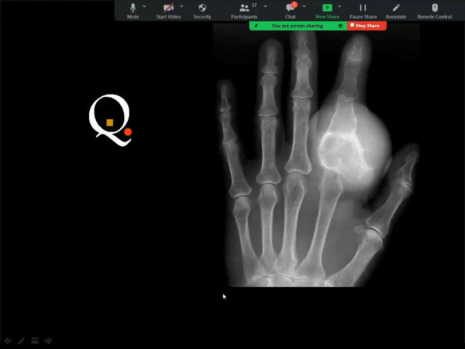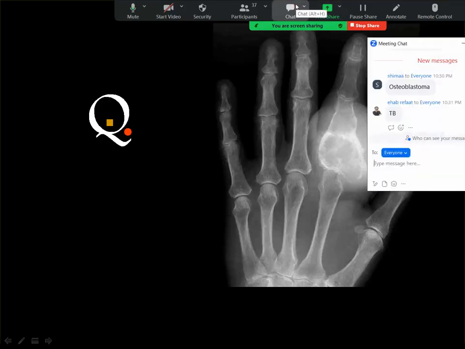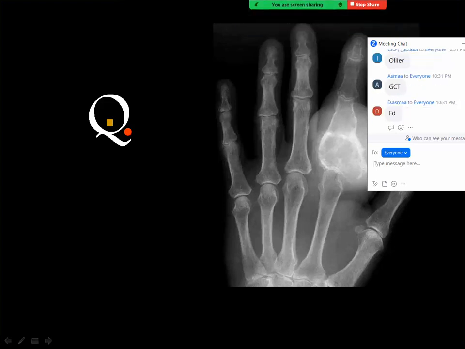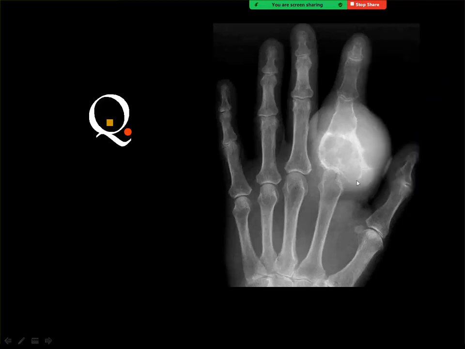Next case is an X-ray of the hand with a lesion in the proximal phalanx of the index finger. No, this is not TB, of course. No, it's not Ollier. Yes, chondrosarcoma is the right answer you got here.